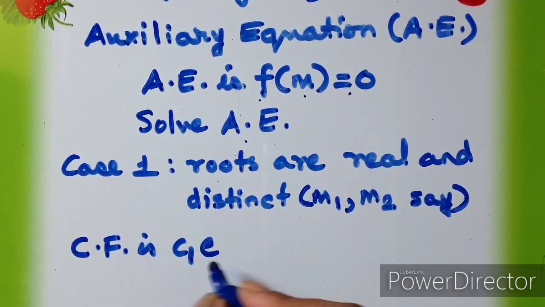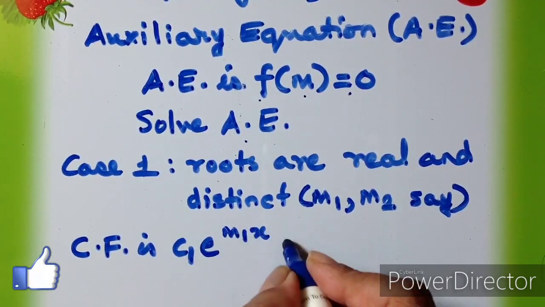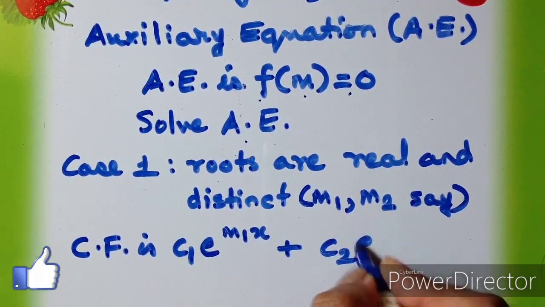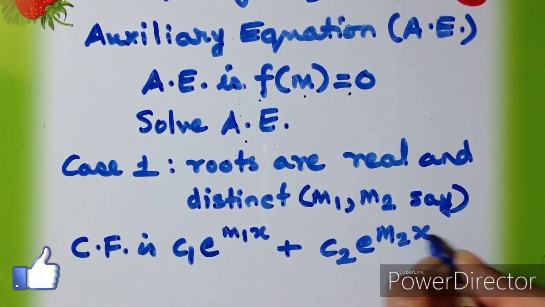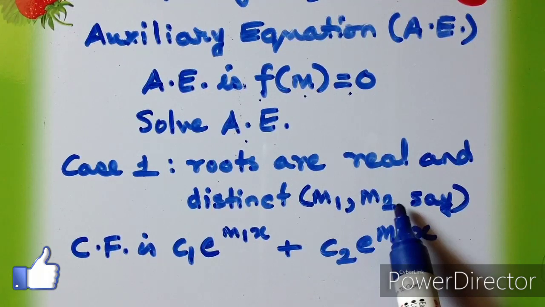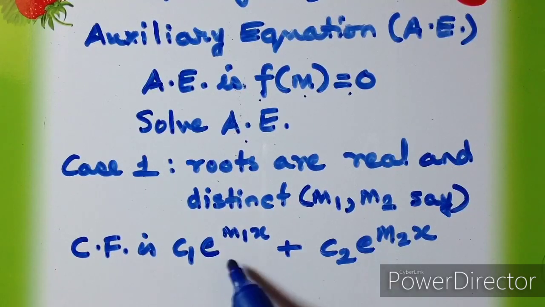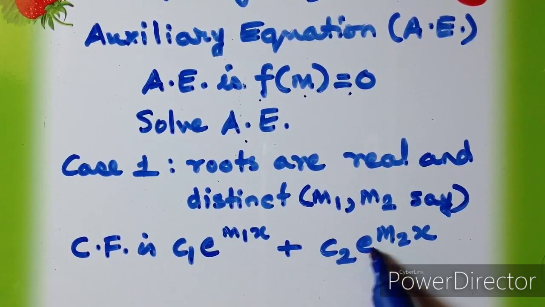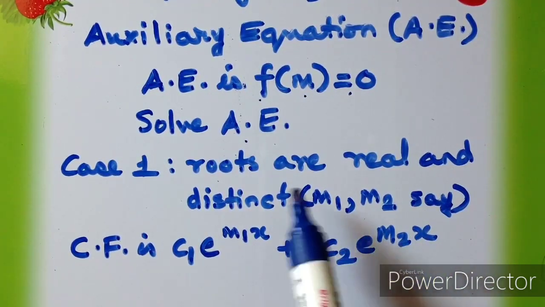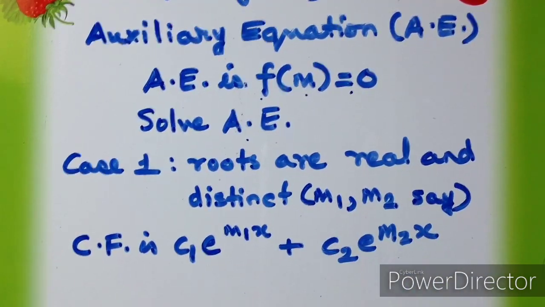In that case the CF is c1 e raised to m1x plus c2 e raised to m2x. Now you can continue this also. Let us say you had a third root, then you would write c3 into e raised to m3x. Likewise you can go all the way up to cn e raised to mnx. Just for the sake of simplicity we are taking two roots.